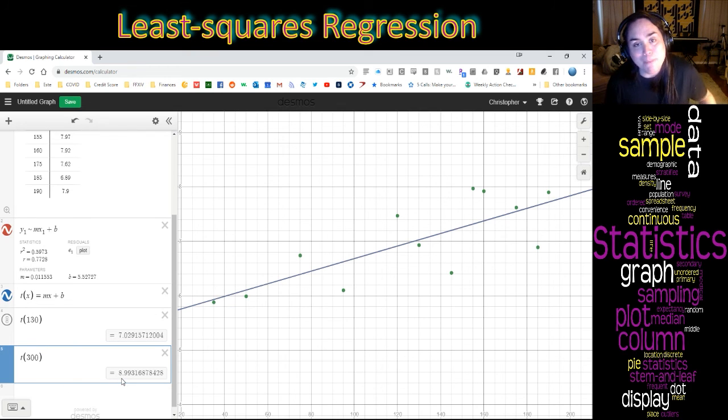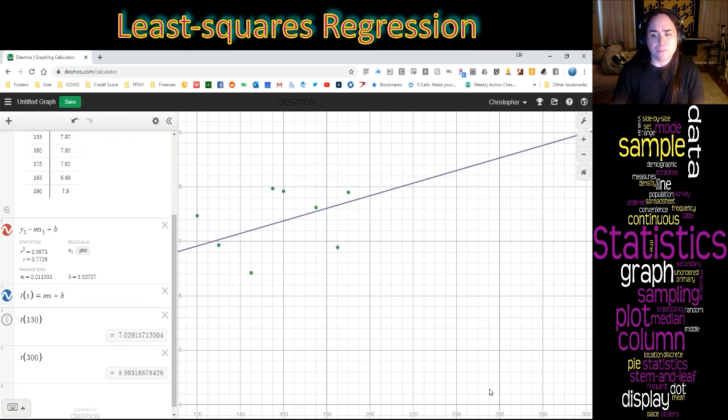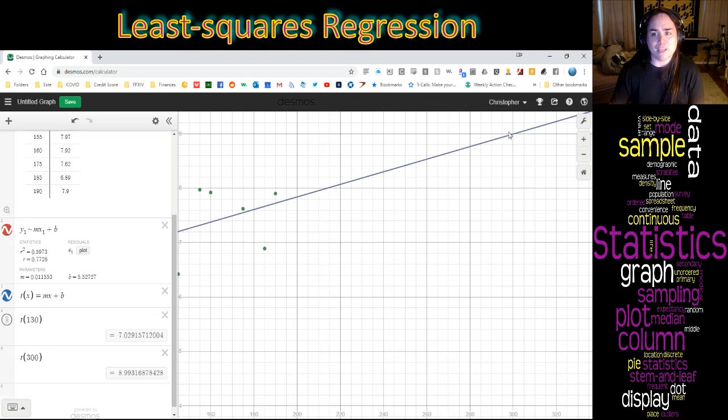That's no good. That doesn't work because 300 is further out here. 300, 8.993. That is outside the scope of the data points that we collected.